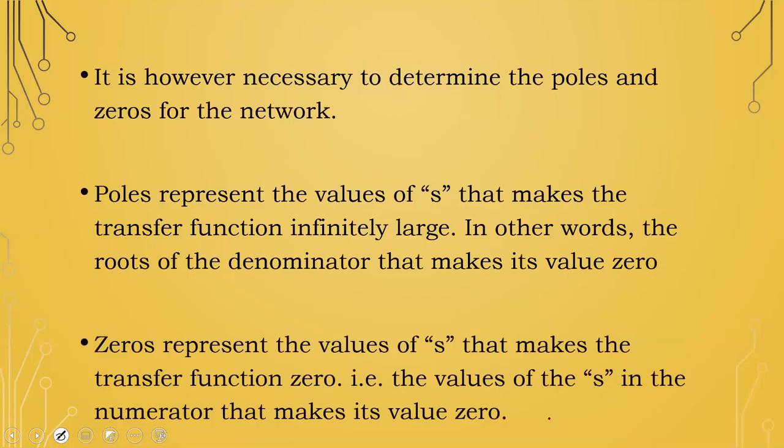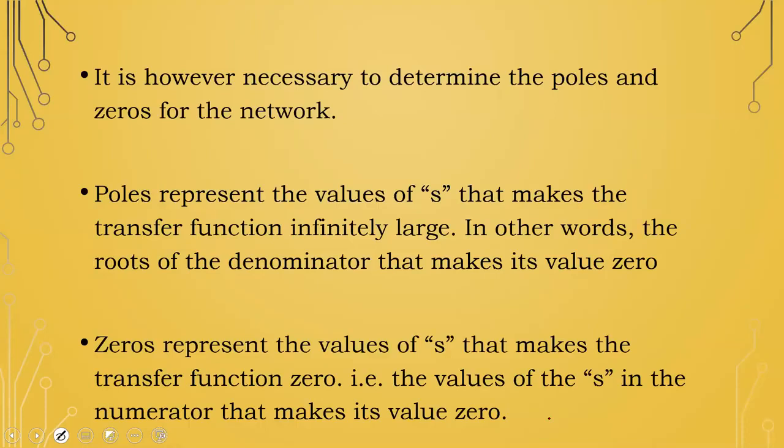And the zero, as the name suggests, represents the values of S that makes the transfer function equal to 0. So it would be the values of S in the numerator that makes its value 0.